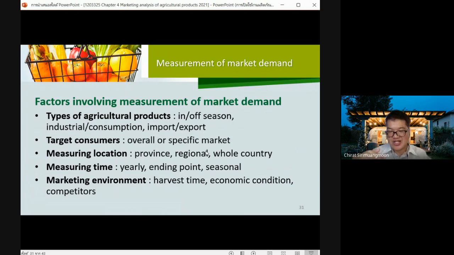And then if your market share is reduced, they try to do something, like have some strategies or some action to increase the market share. So those are all the factors that affect the market demands.